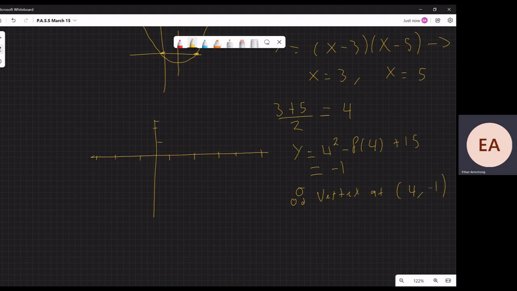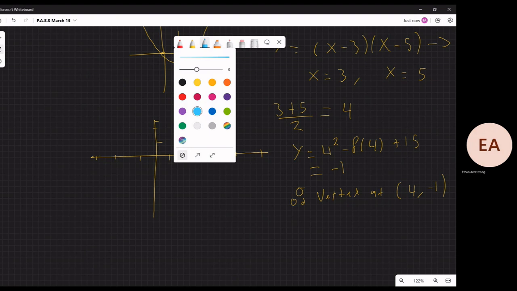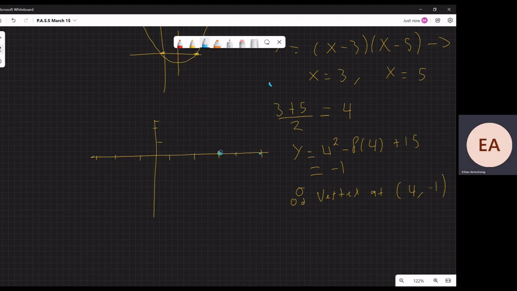So we have our zeros at x equals 3, and x equals 5, and halfway between those at x equals 4 and y equals -1, so let's say it's about here, we have our vertex. And in order to draw this, we would just connect these together. It's not the best drawing, but it will do.